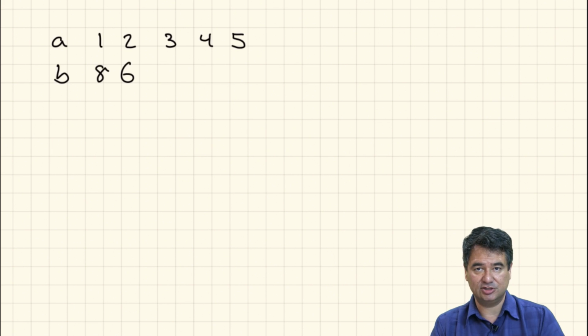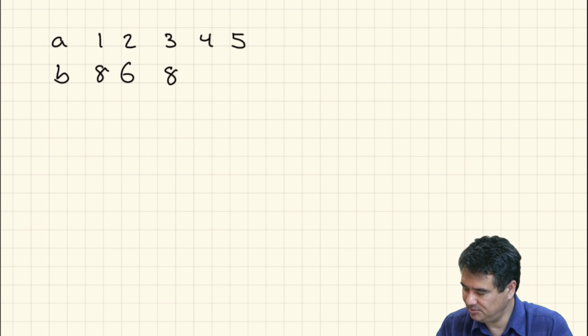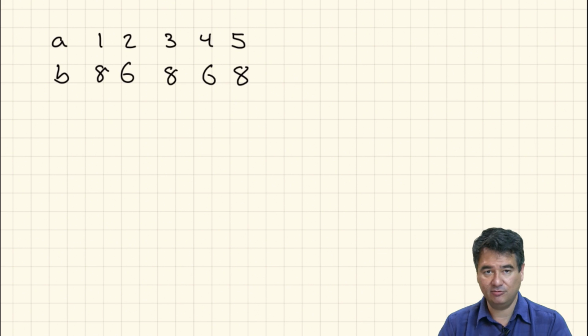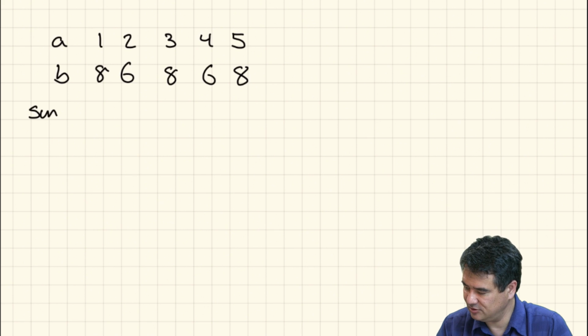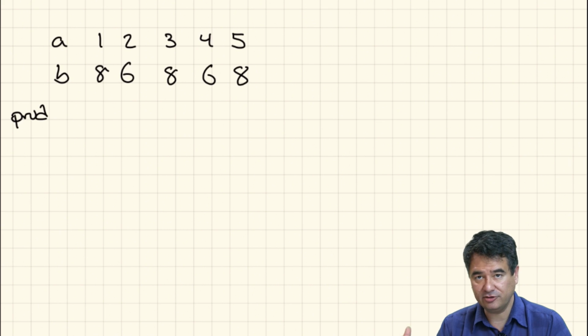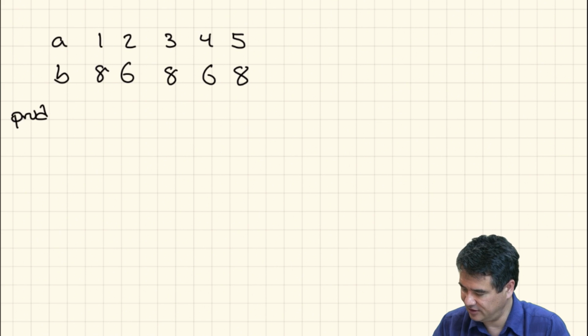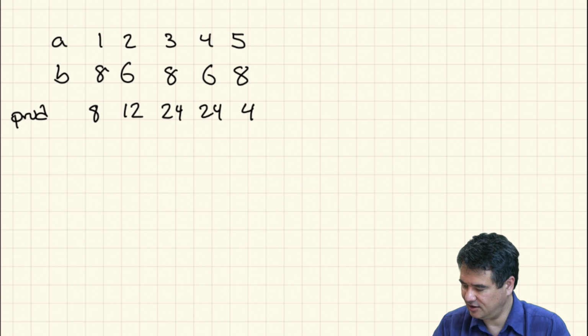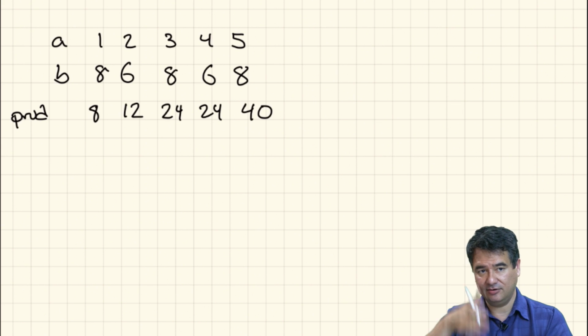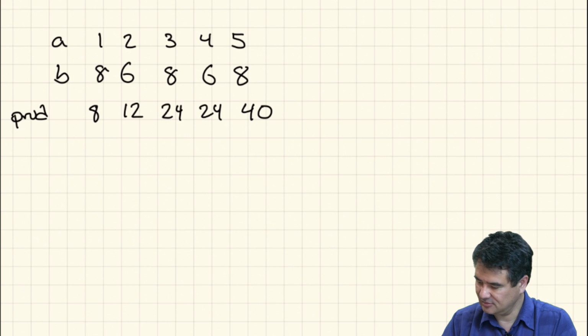Now notice that B is shorter than A, so I want you to repeat B as many times as necessary so that when you multiply them together, you've got 2 arrays that are now essentially the same length. So this would be 8 here, 12, 24, 24, and 40, because we're multiplying down the columns.